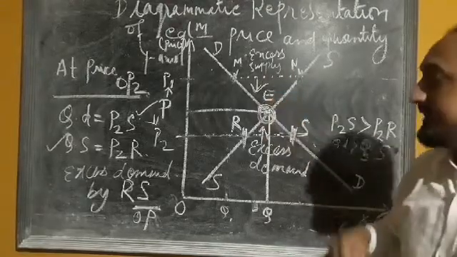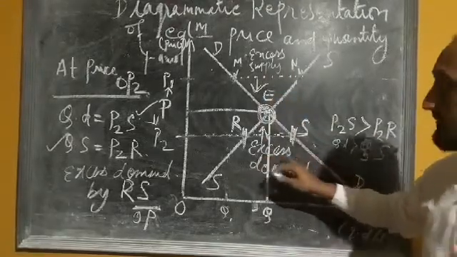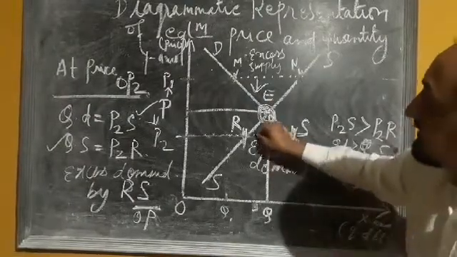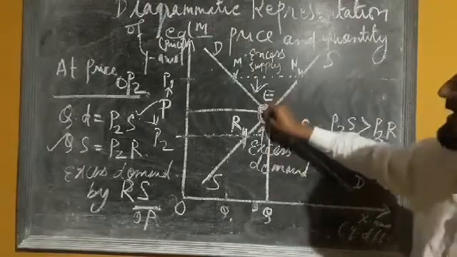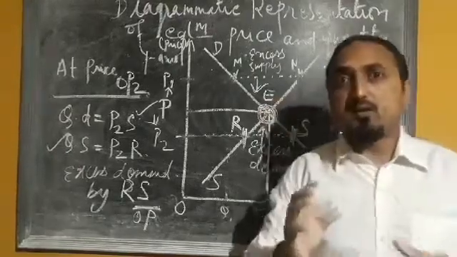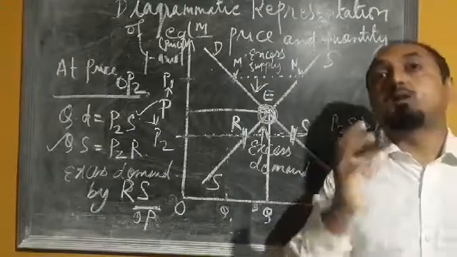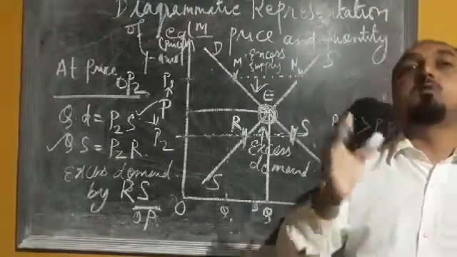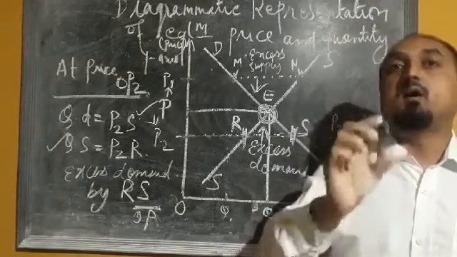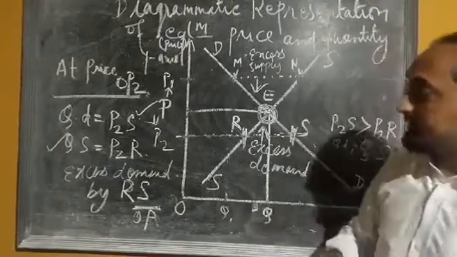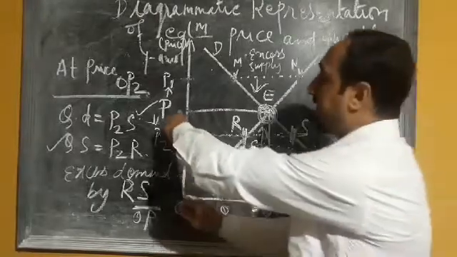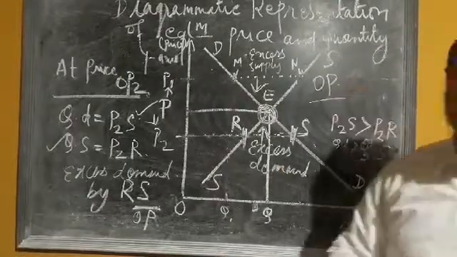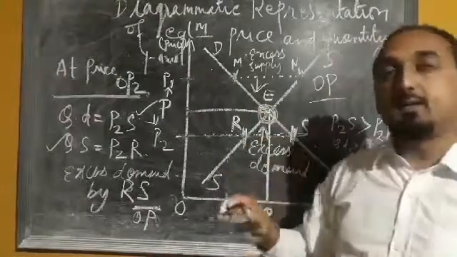In the second case, if there is an excess demand situation, again there is a tendency for the price to rise, and again it will reach the equilibrium point. So whenever we are dealing with the market, it will try to come to the equilibrium level, where quantity demand and quantity supply will be the same at some given price. So what is our equilibrium price here? Equilibrium price is OP, where we can see that demand and supply are the same.